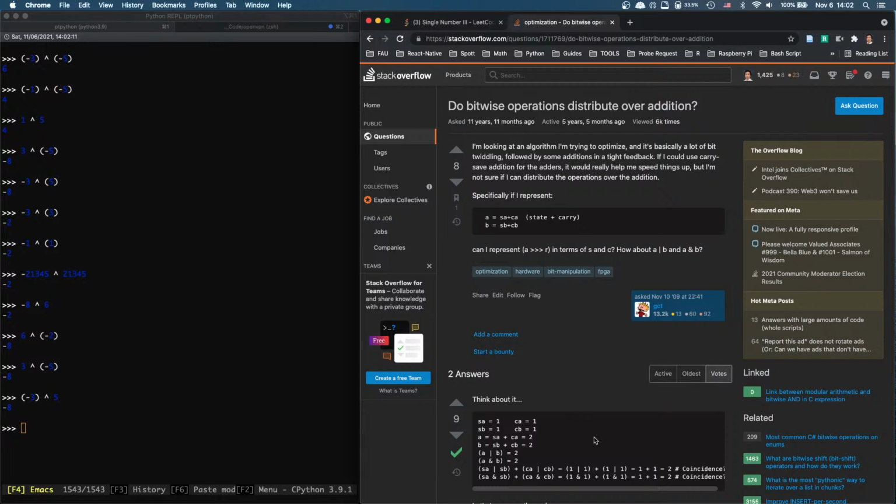This -3, -2, -5 will give us the same exclusive OR value if they are on the same side.